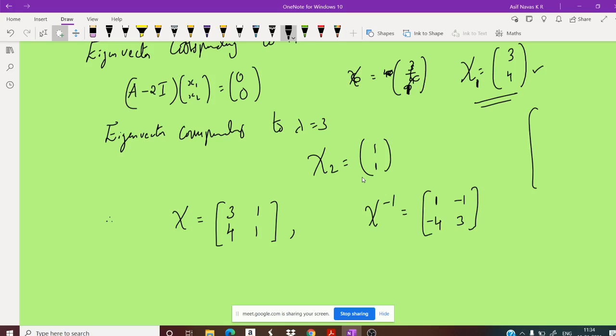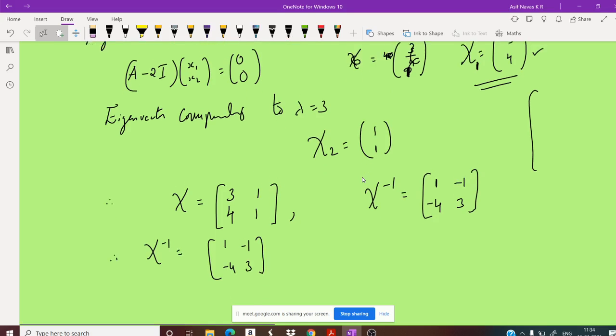Yes, sir. 1, minus 1, minus 4, minus 3. Okay. If you multiply this, you will get 3, minus 5. Okay, correct, right? So therefore, X inverse is equal to 1, minus 1, minus 1, 3. This is invertible, right? So the matrix is diagonalizable.